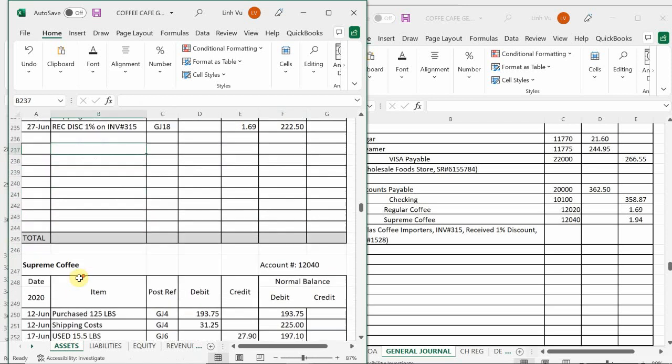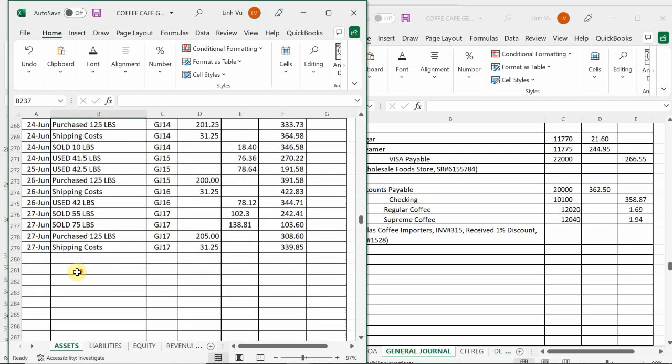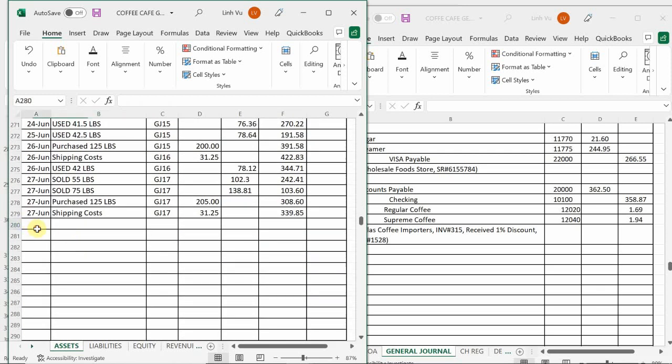And we need to update my Supreme Coffee too. Receive discount 1% on invoice number 315, which gave me a discount of $1.94.